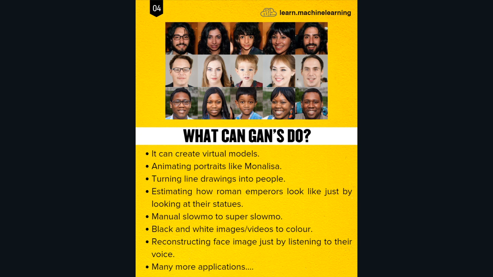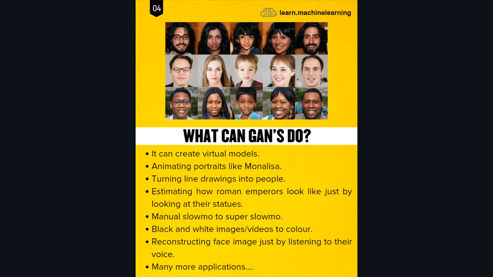And this is a recent one, where we estimate how Roman emperors looked just by looking at their statues. It generates the face from the statues, which looks exactly like real humans. There is another application where we convert normal slow motion videos into super slow motion videos.